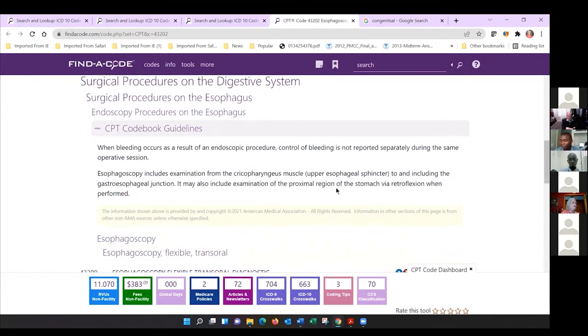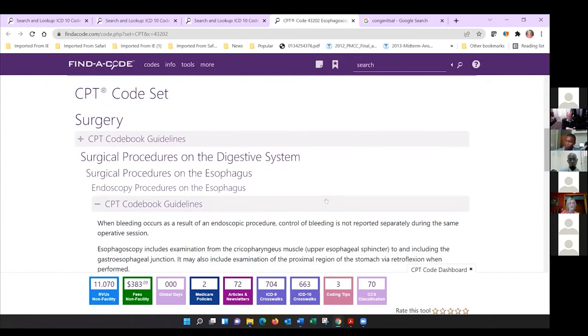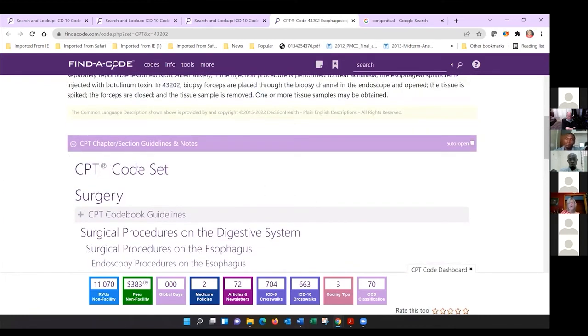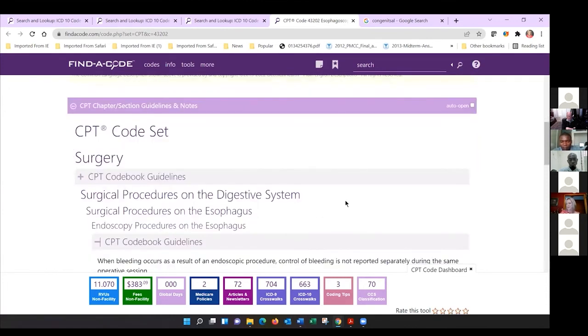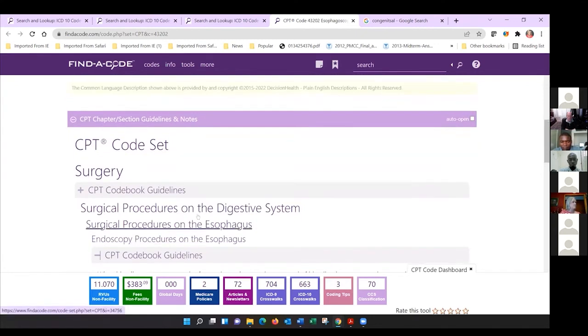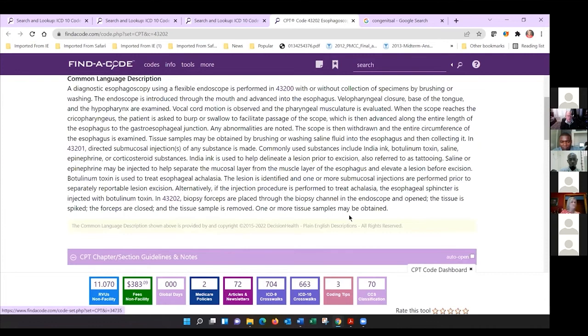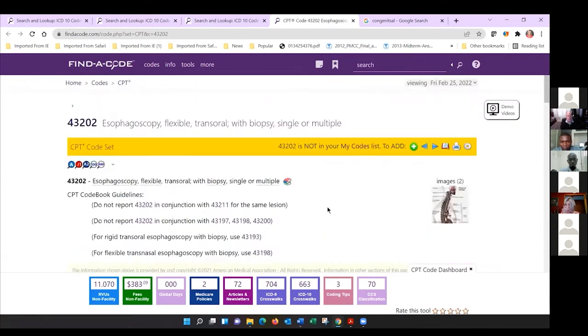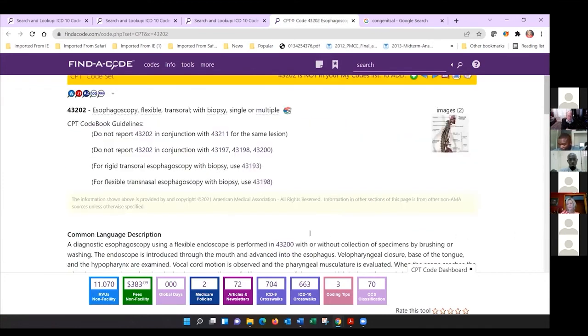If you don't come down and open up the available buttons at the bottom of the screen, you're setting yourself up to code incorrectly, especially when there's more than one procedure. Yeah. So if it had mentioned bleeding, you need to know what the rules are about how to code. How does that affect coding when it does or doesn't occur?